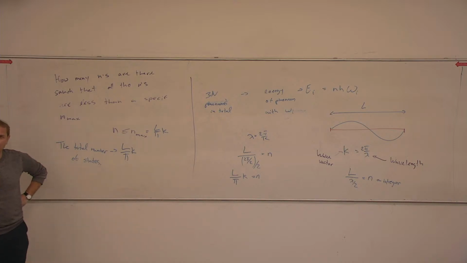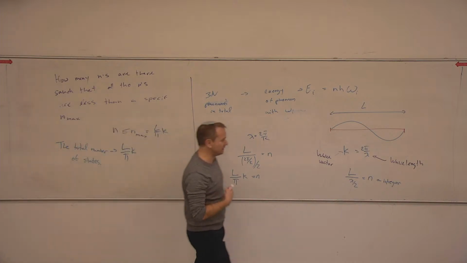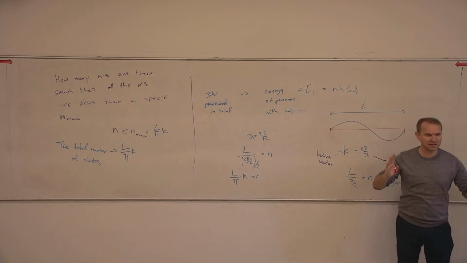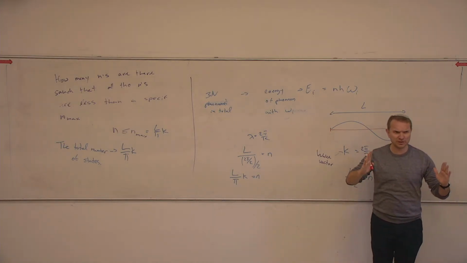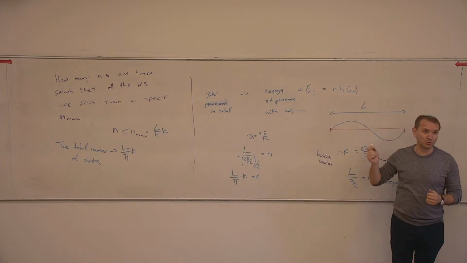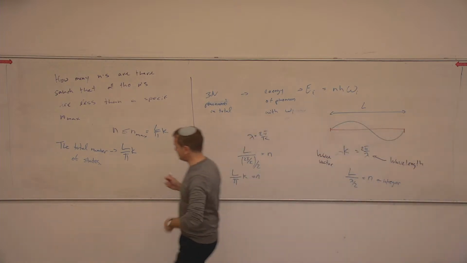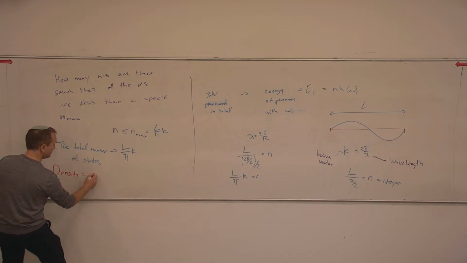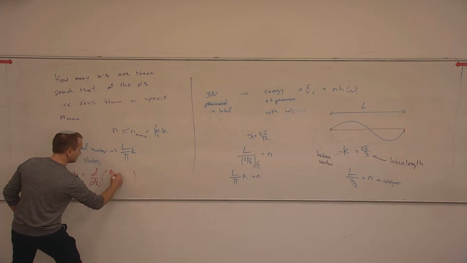The only thing is, if I know nothing about them, maybe I know something about their density. And the way to find the density is to count all the states that can be inside the system up to a specific omega, and then take a derivative of this number with respect to omega. So the density is d/d omega of the number of states.